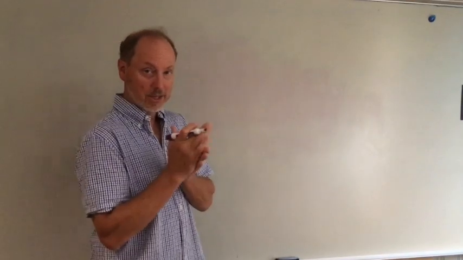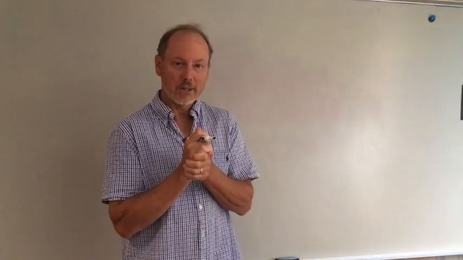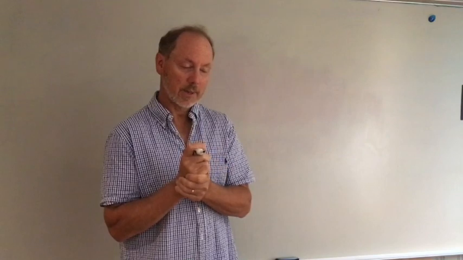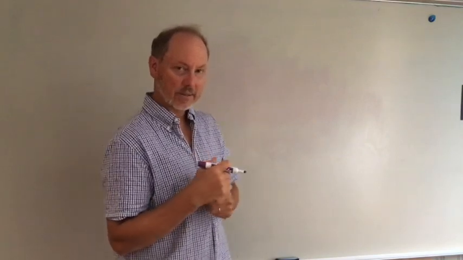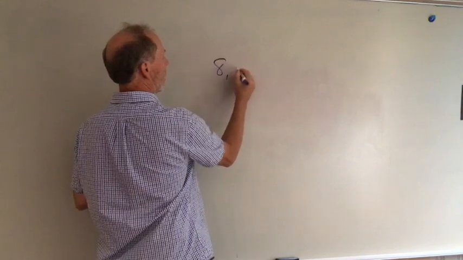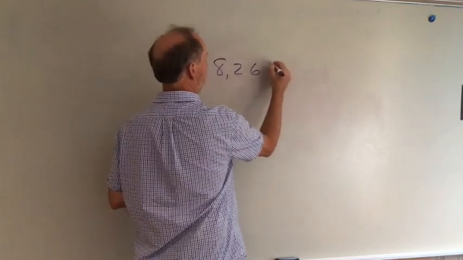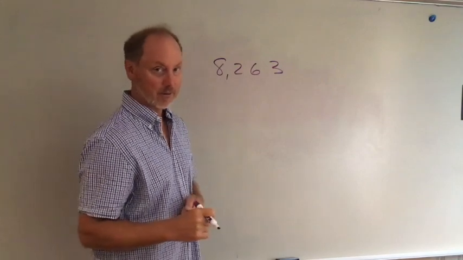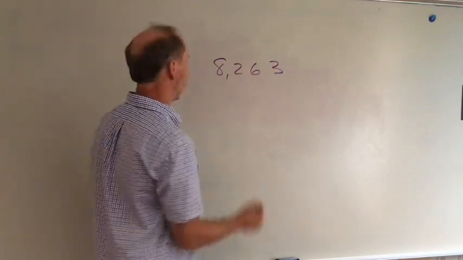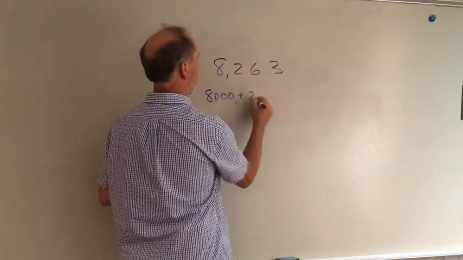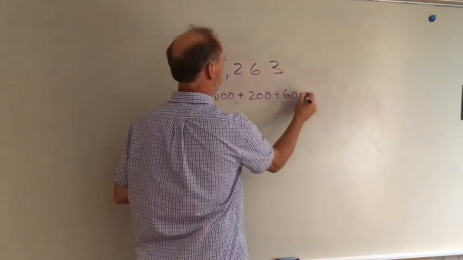All right, today I'm going to show you a way to write an expanded form using exponents. So in the past, I've showed you one way to do expanded form. Let's start with a number. 8,263. Okay. If I really wanted to write this in expanded form, I could do it like this. 8,000 plus 200 plus 60 plus 3.